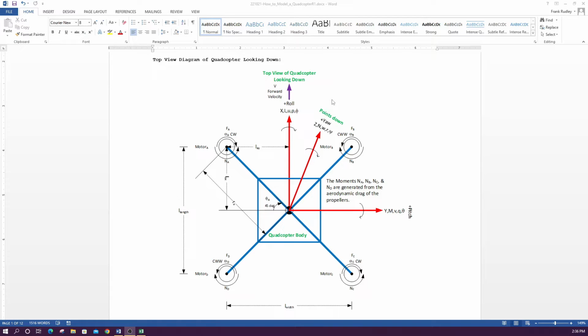In our z-axis, z pointing down through the center of the vehicle is our vertical force. This is the force we mostly have to counteract. We have to build up enough thrust to counteract the weight of the aircraft. N is our yaw moment, and turning right is positive.